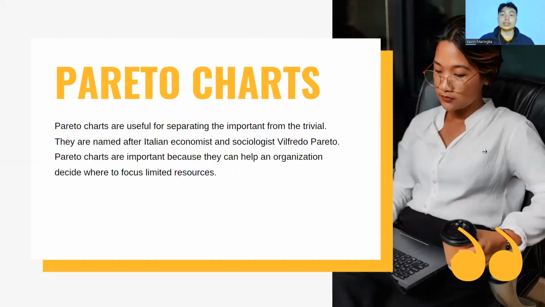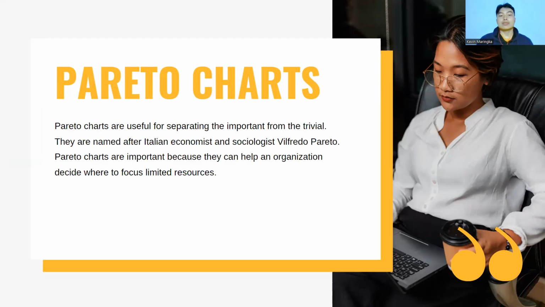The first tool is Pareto charts. Pareto charts are useful for separating the vital information from the trivial. They are named after Italian economist and sociologist Vilfredo Pareto.